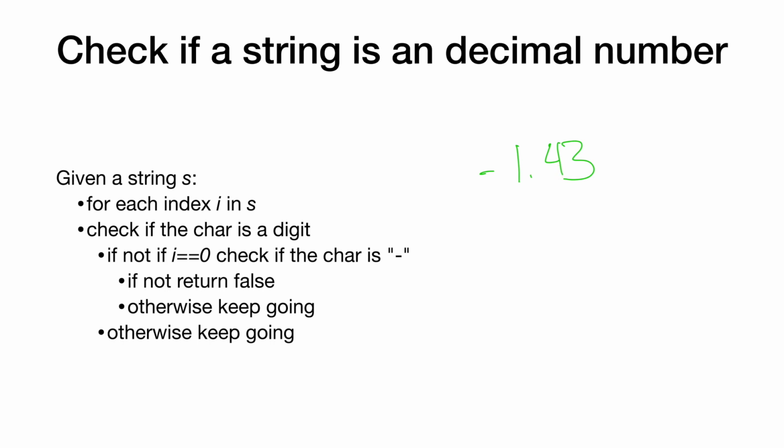But is that all we need to do? Because what about 1.4.3? That's not a decimal number. So we don't just need to check that it's either a digit or a dot. It needs to be the first dot that we've seen.